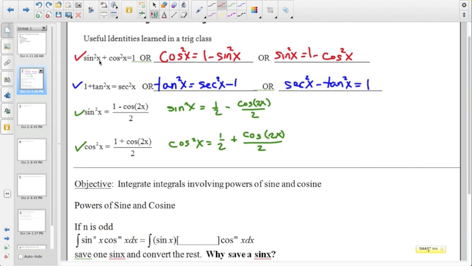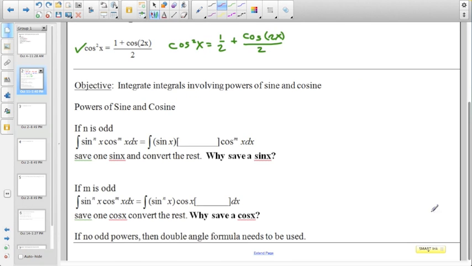When we look at then even powers of cosine or even powers of sine, what we want to do is try to express our integral as multiple powers of even powers of sine or cosine. So like a sine squared x, sine to the 4th x, sine to the 5th x, or 6th x, etc. So what we're looking to do then is reduce expressions when the powers are odd.